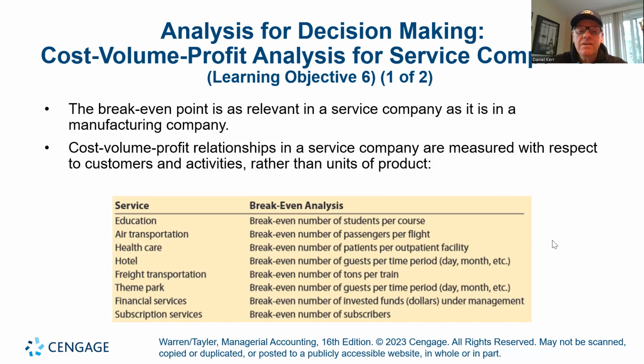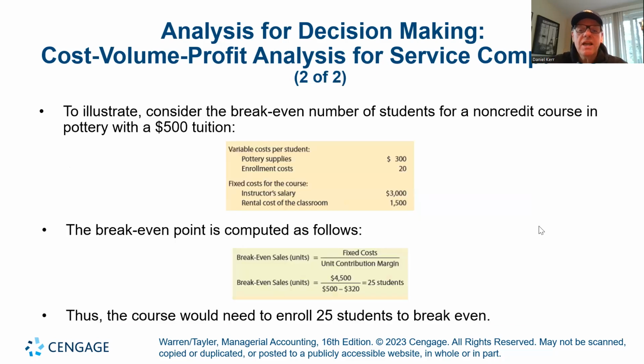So let's see how this works. Let's take a look at a non-credit course here. Let's apply cost volume profit analysis in academia. Academia is a different world, but concepts from business are applicable there. So we've got a non-credit course in pottery. Years ago, we used to tease that people who weren't taking their studies seriously were studying basket weaving.